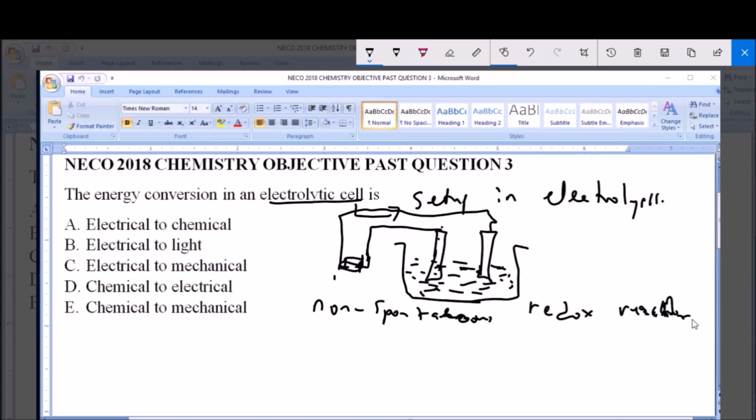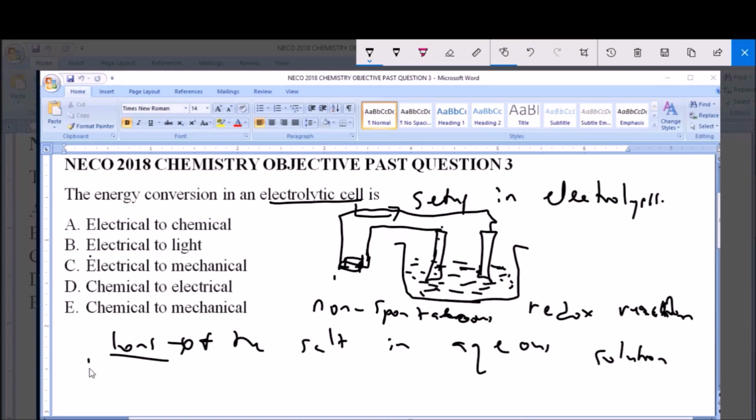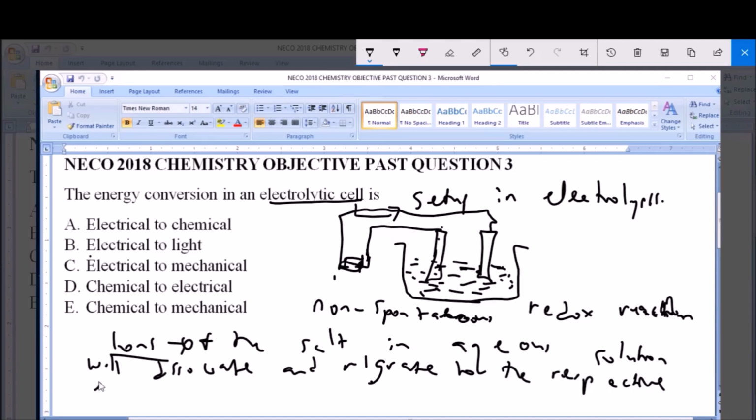So what will happen is that these ions, the constituent ions of the salt in the aqueous solution, will dissociate and migrate to the respective electrodes. So that's what happens in an electrolytic cell.